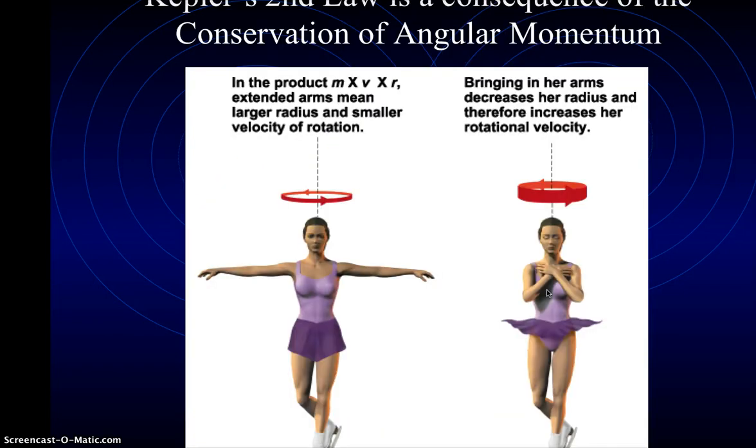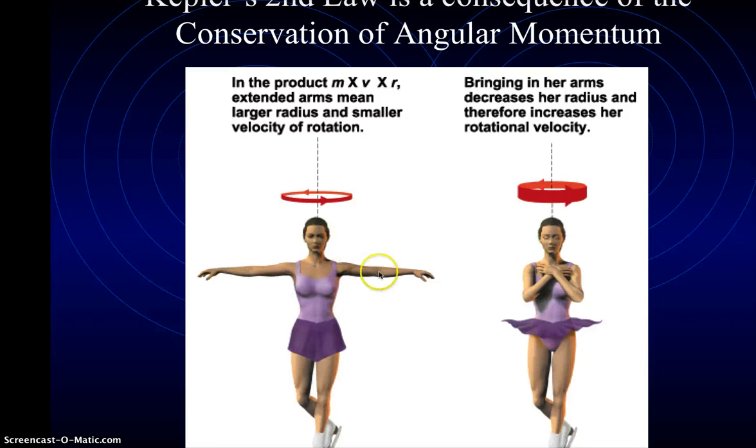Newton found that as the planets orbited around the sun, they were conserving their angular momentum. And what happened is as their distance from the sun would decrease, because this entire quantity had to stay the same, the speed would have to increase to compensate. It's similar to this example of an ice skater.